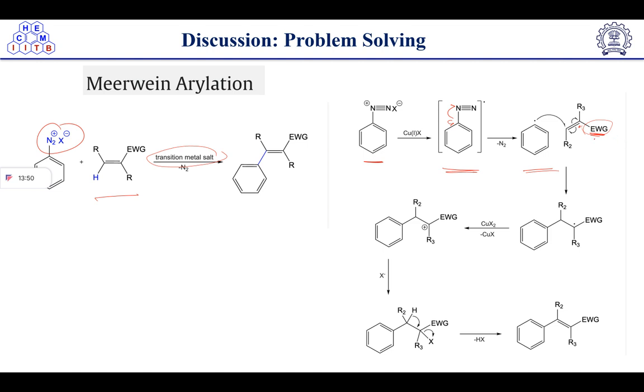So always the electron withdrawing group stabilizes the radical, same as a carbanion, because a radical acts as a carbocation also and a carbanion also. So because of that only this is getting stabilized. After stabilization of this radical, we will get the intermediate here like this. Okay. So after getting this intermediate, now what's the next step?